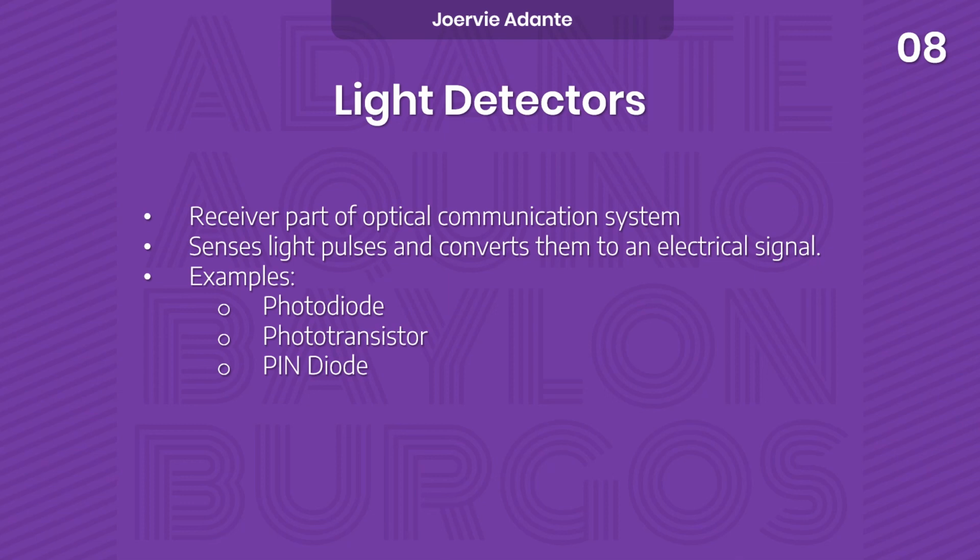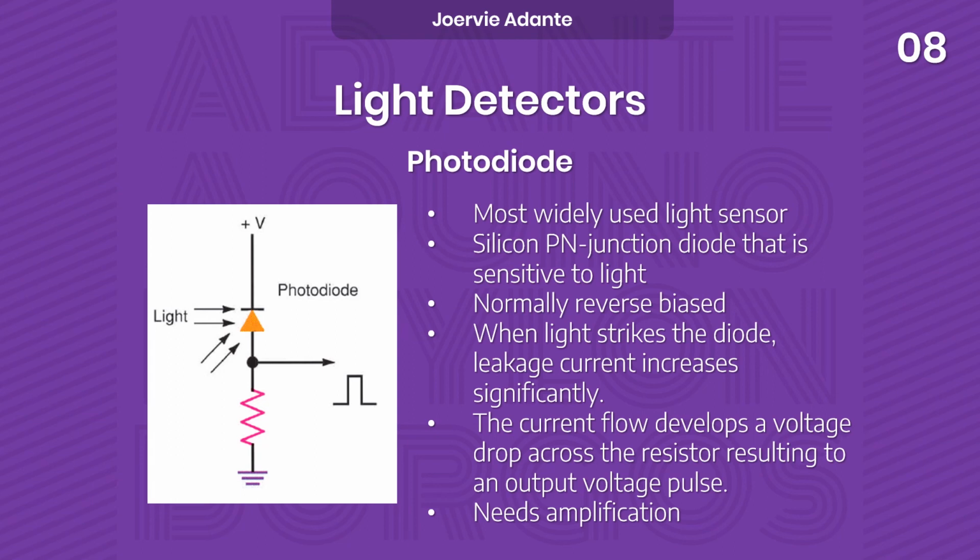For the light detectors, the receiver part of an optical communication system senses light pulses and converts them into electrical signals. The examples are photodiode, phototransistor, and pin diode. Let's start with the photodiode. A photodiode is a widely used light sensor.